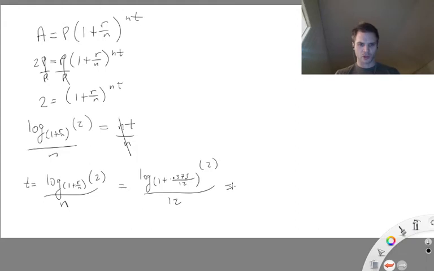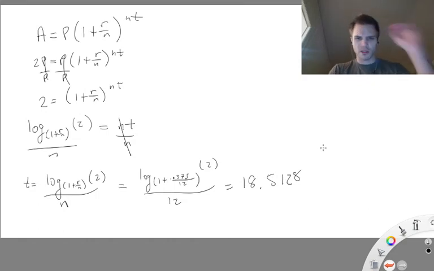Look that up if you don't. So we're going to take the log of 2 divided by the log of 1 plus 0.0375 over 12, divided by 12. Okay, so I'm getting approximately 18.5128.